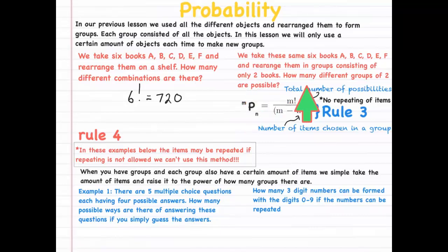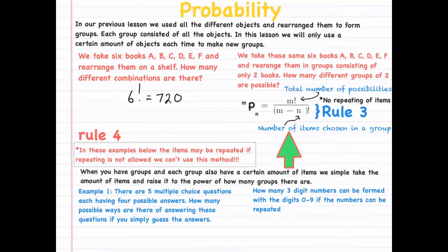Now, if we have an example like this, we will use the following formula, where we will say that m factorial is the total number of possibilities, okay? And then again we will say it's m, which is the total number of possibilities, but without the factorial sign, minus the number of items chosen in a group.